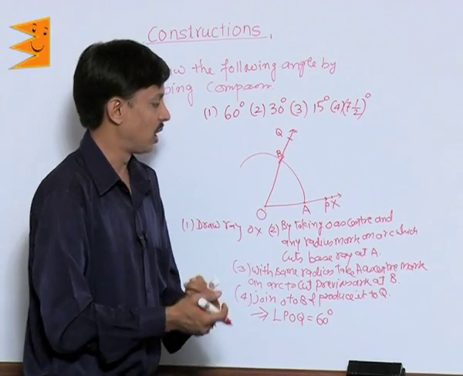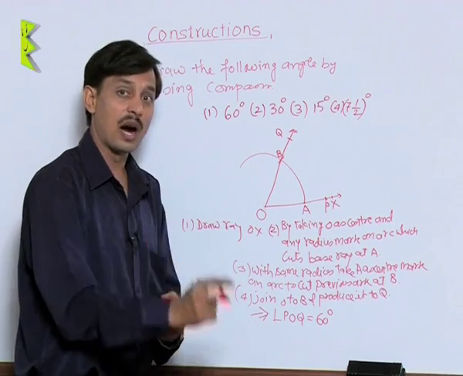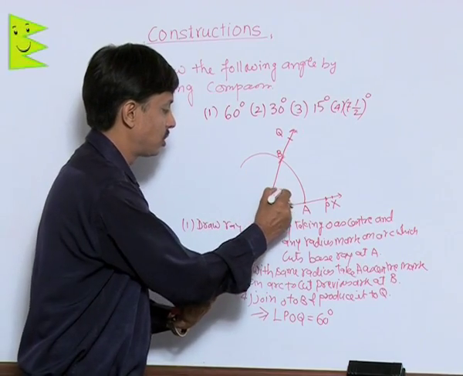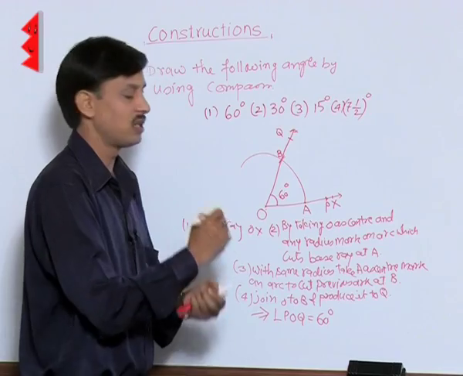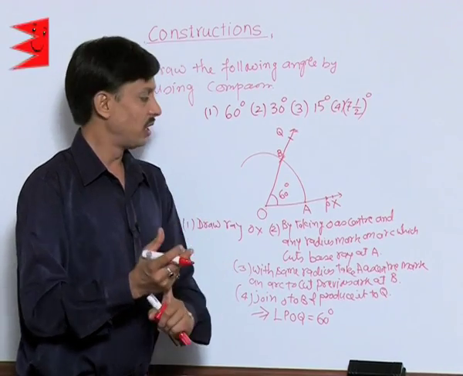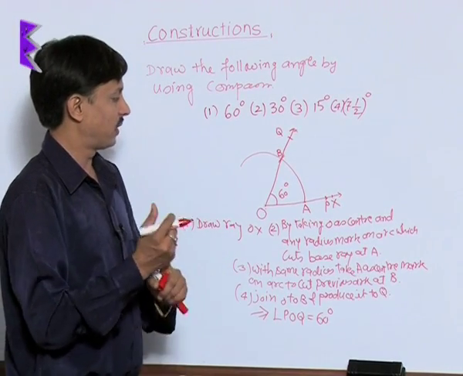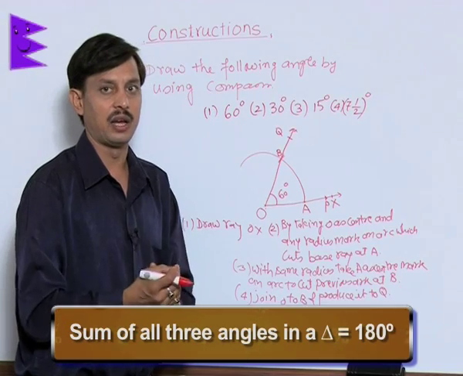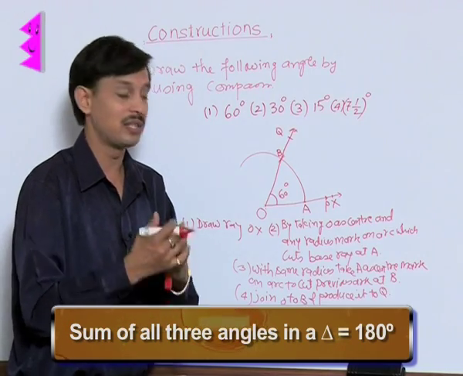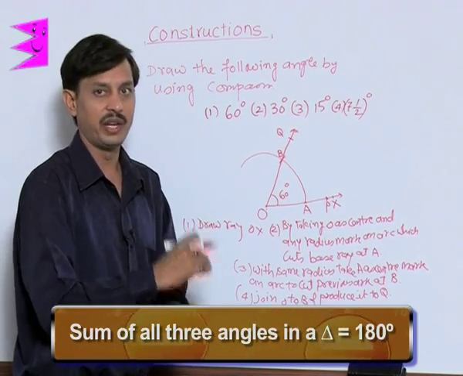Now a question comes logically: why is this angle 60 degrees? What is the reason? The reason is so simple. We know that in a triangle the sum of all three angles is 180 degrees.